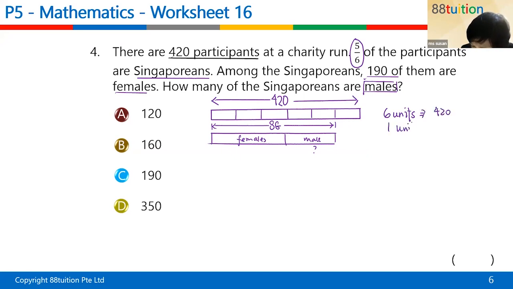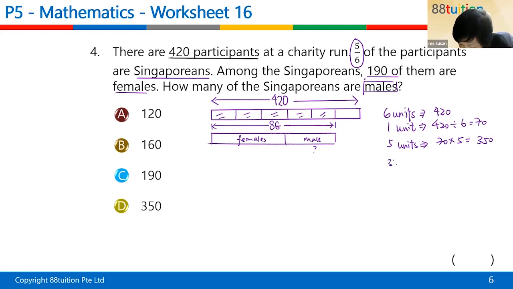420. So 1 unit must give you 420 divided by 6, which will give you 70. And I must times by 5 because the units are meant for Singaporeans. So 350, but 350 is split into 2 parts.